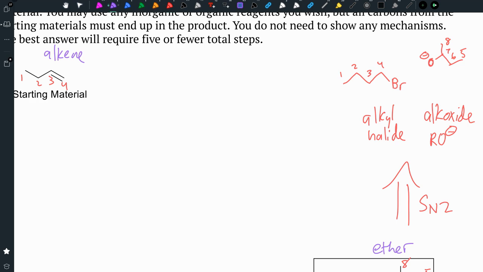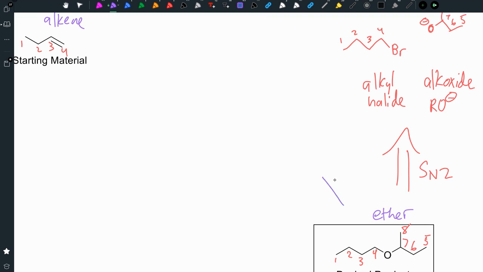Let's think of another one. I know I can do this via SN1. For SN1, I'm also going to want an alkyl halide, and I'm going to want to use an alcohol as my nucleophile. In this case, I know for SN1, this is going to be going through a carbocation. So now I know I don't want my alkyl halide to be on the primary carbon because that'll never form a carbocation.